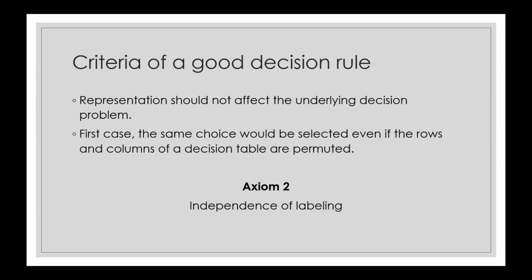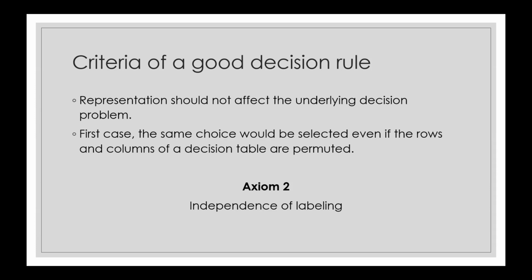Action two, it means that it should be independent of the labeling. So what it means is that even if we label action one with action two, it should still select the best action independent of the labeling that we assign.